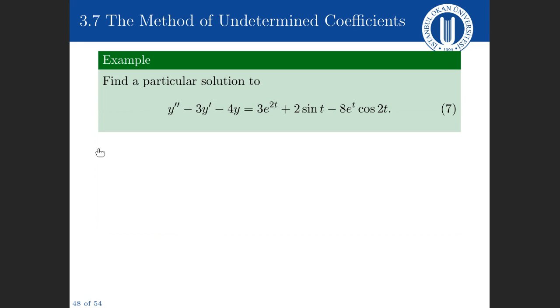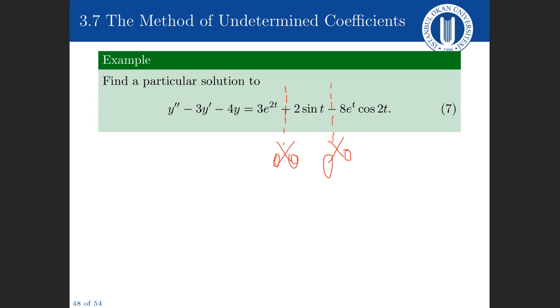For example, a particular solution to y double prime minus 3y prime minus 4y is equal to 3 times 2 sine t minus 8 e to the t cos 2t. On this right-hand side, we have three functions. And what we're going to do is cut this into three smaller, easier equations.